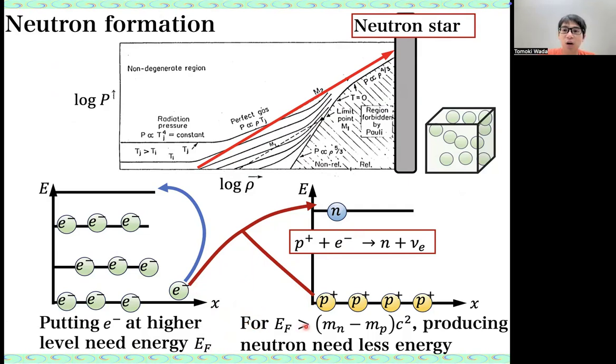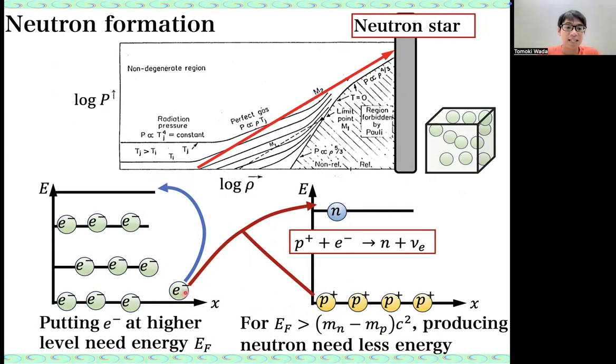Okay, then let's consider what happens if this EF is larger than the mass difference between neutron and proton. As you know, protons are more stable compared with neutrons due to this mass deficit. But if EF becomes larger than this mass difference, making neutrons is more stable compared with putting the electron from here to here.